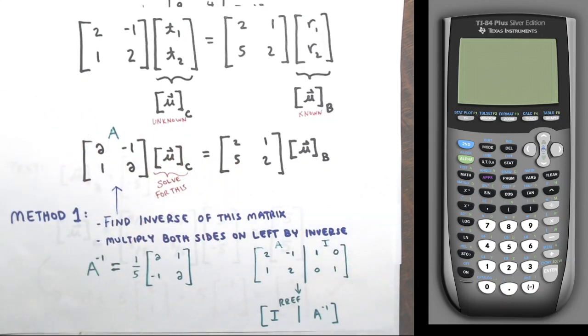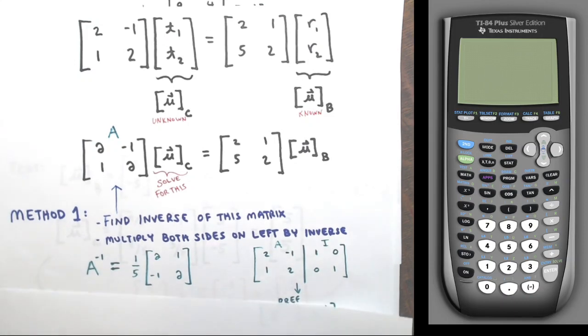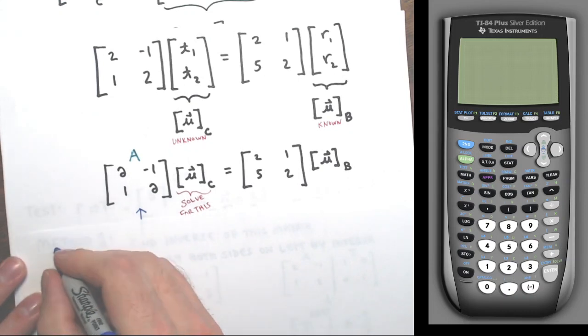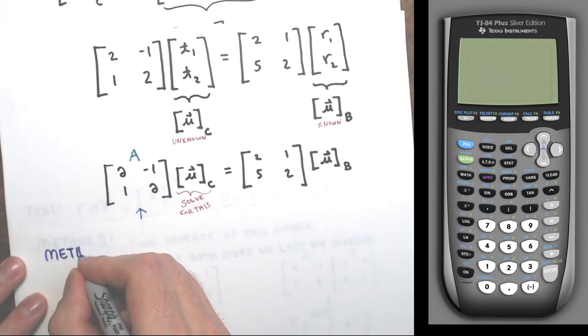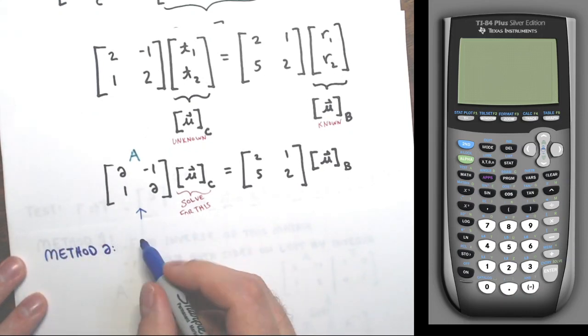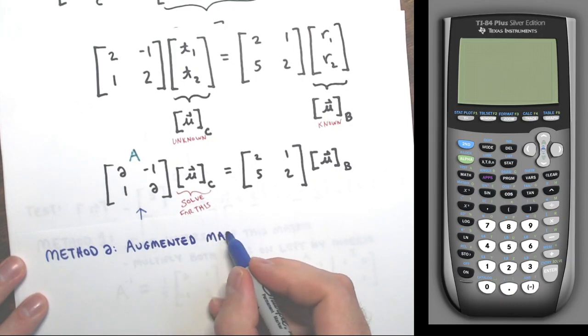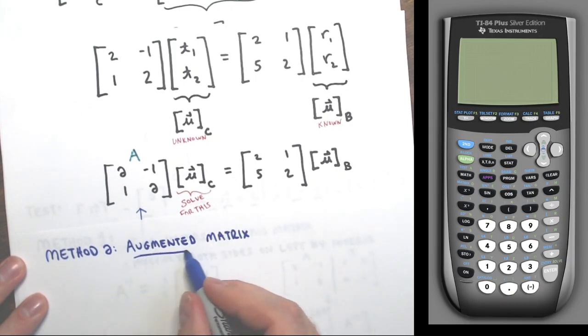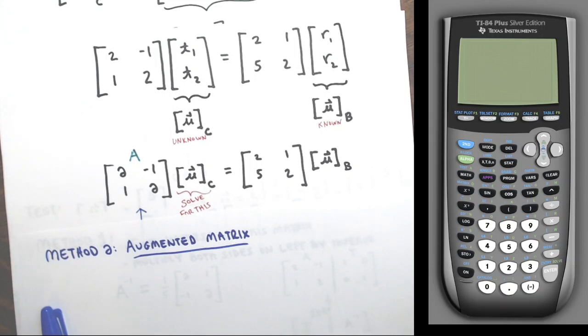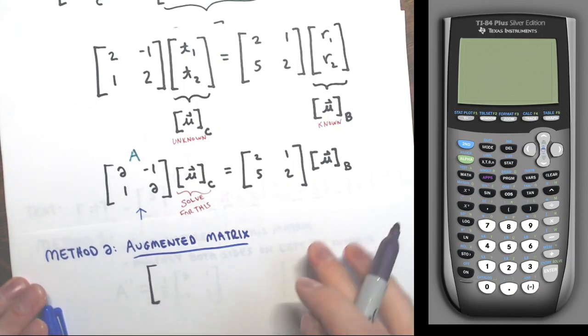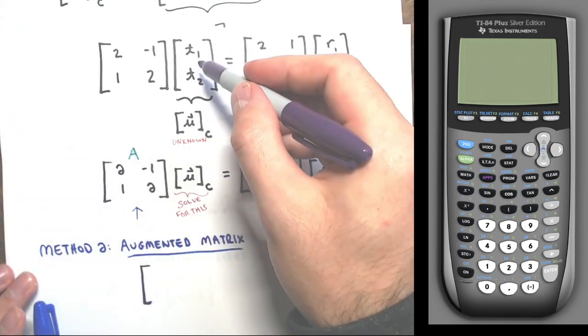All right, so method 2. Same thing here. Augmented matrix. So I write an augmented matrix for this equation, this system, because I have two variables I'm solving for, t1 and t2.